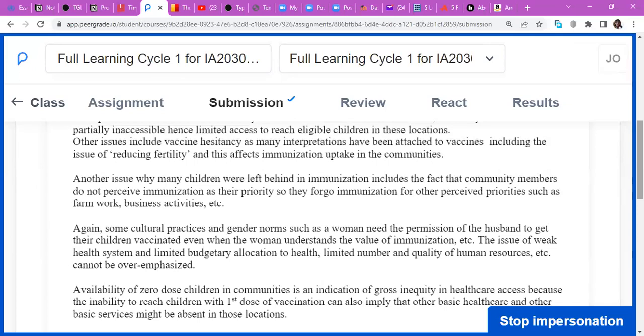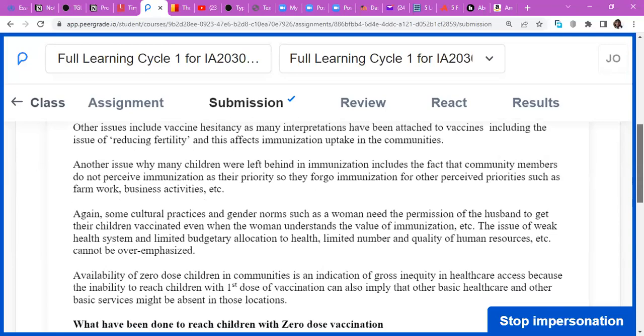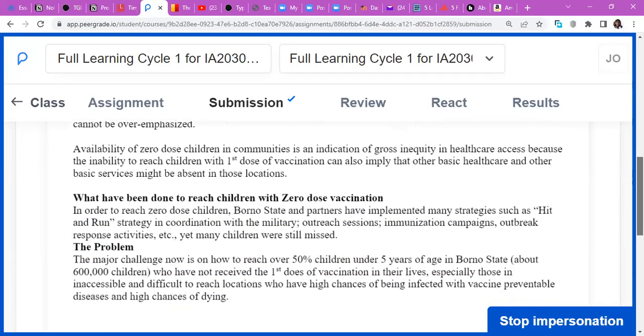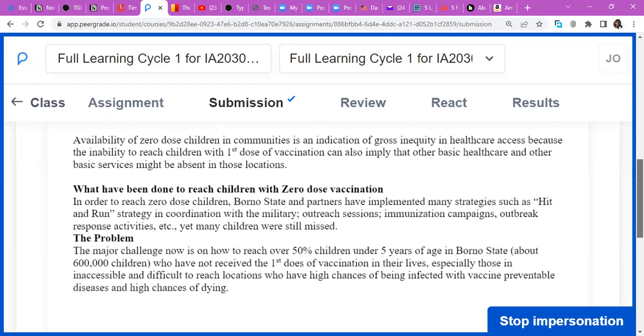And then what have we done to reach these 0 dose children? We have employed so many strategies. We have what we call hit and run strategy, where we go through the military to go to those inaccessible areas to provide immunization. But doing this, we cannot reach everybody in the little window of opportunity that we have.